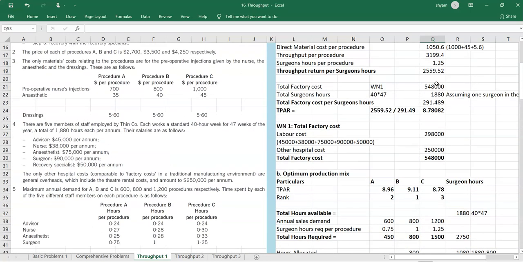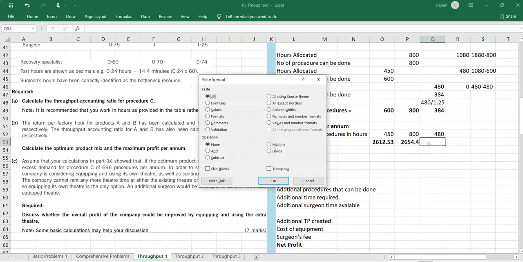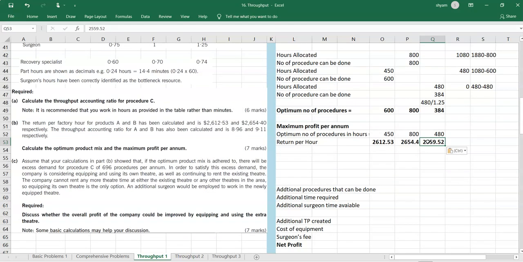So it was this number, 2559. Okay, so we'll get the total return. For per hour it is this number, and number of hours we know, so multiply both, you will get the total numbers.